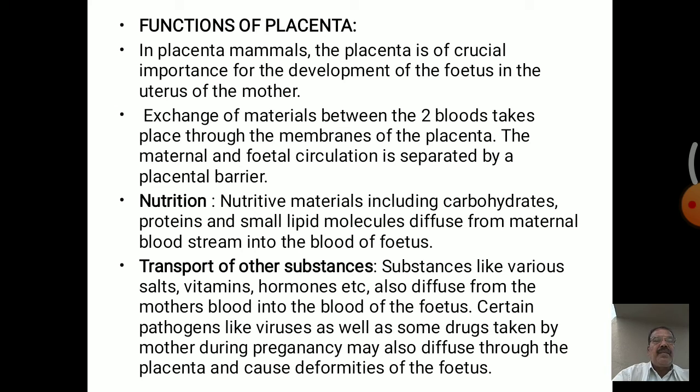Nutrition: nutritive materials including carbohydrates, proteins and small lipid molecules diffuse from maternal bloodstream into the blood of fetus. Transport of other substances: substances like various salts, vitamins, hormones, etc. also diffuse from the mother's blood into the blood of the fetus.